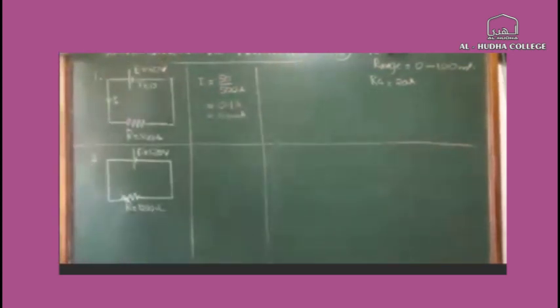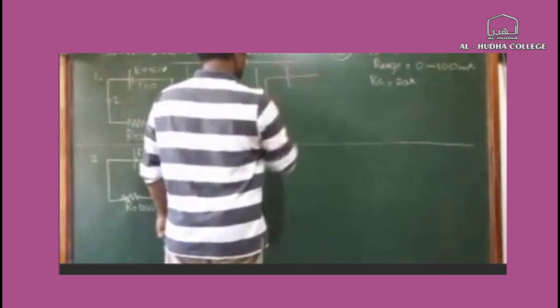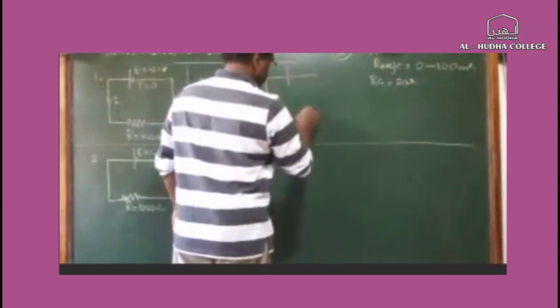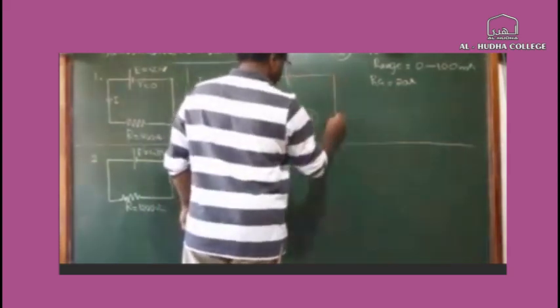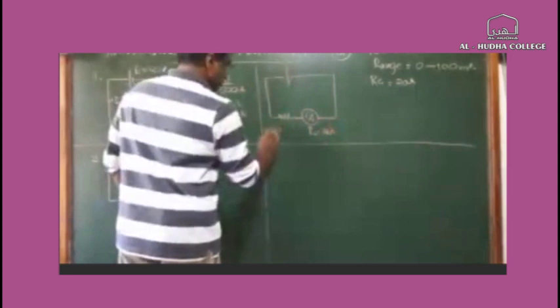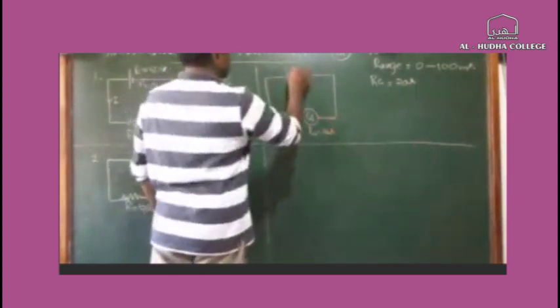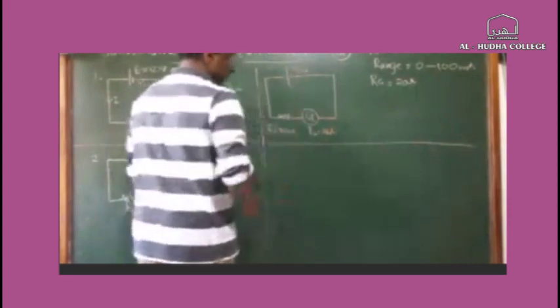We can use this meter to measure this current. Then we introduce the galvanometer in the circuit. This is RG, 20 ohm. This one is the load, 500 ohm, at 50 volts.